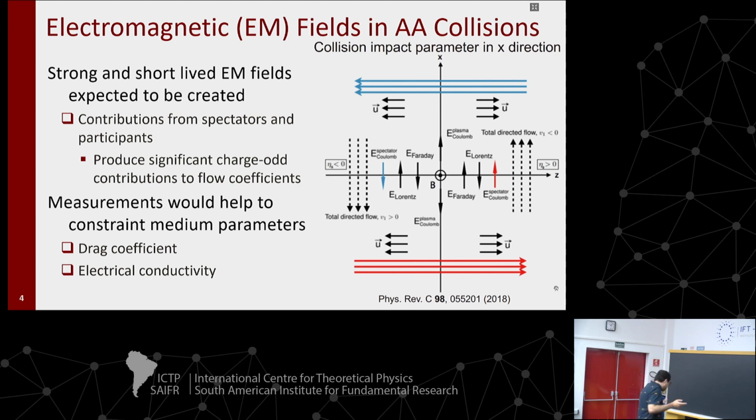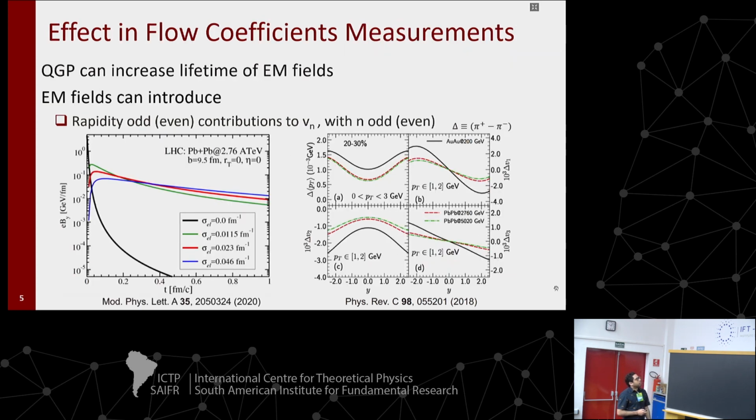What is important in terms of characterizing the QGP is that we can extract some properties like electric conductivity and drag coefficients of the QGP. Why? If you have a QGP, the lifetime of this electromagnetic field can vary, and in some studies they show that it can cause some deviations on the flow.